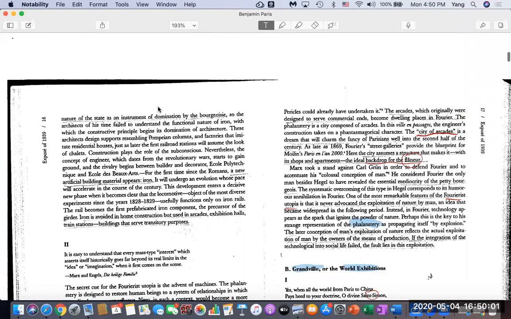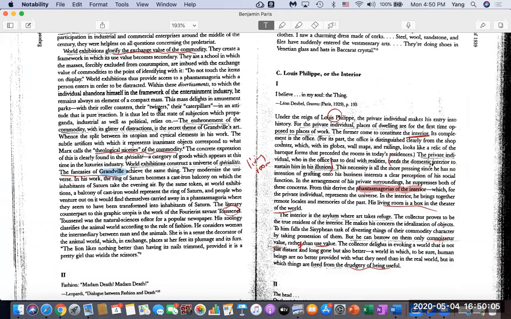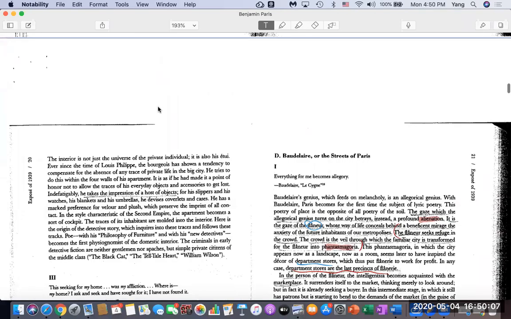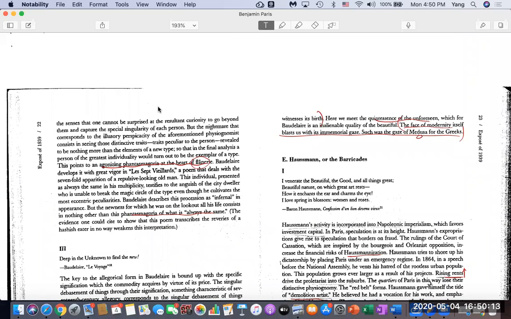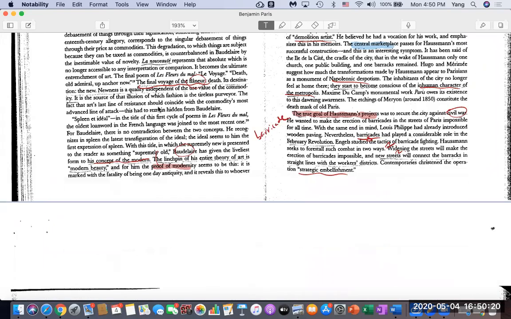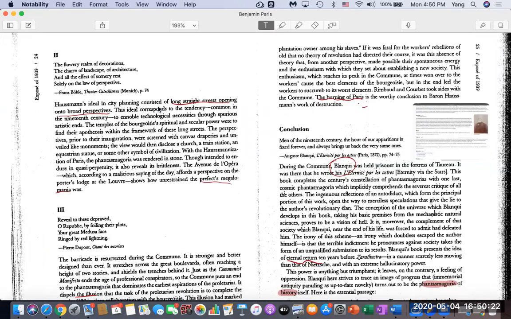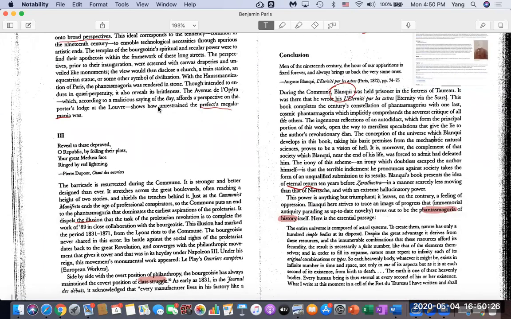This isn't a class on Benjamin or the Frankfurt School or any of these things. So the thing to bear in mind is what in this essay is important to what we're doing. Did we assign this because we want you to know about weird architectural things happening in Paris?